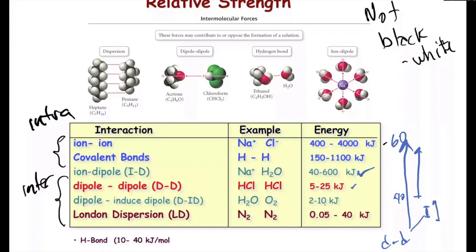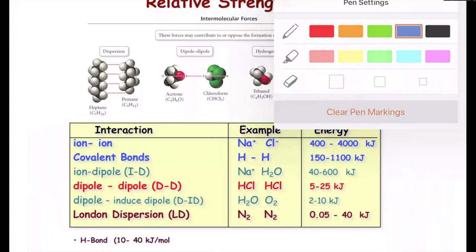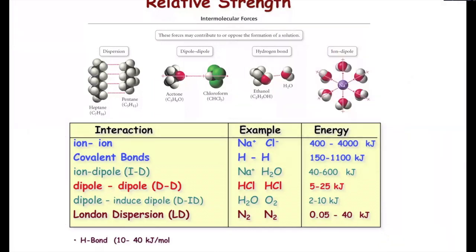Let me erase that. That's your energy. We're looking at, say, 40 to 600. That would be ion dipole. Dipole would be between 5 and 25. And then dipole-induced dipole would be between 2 and 10.